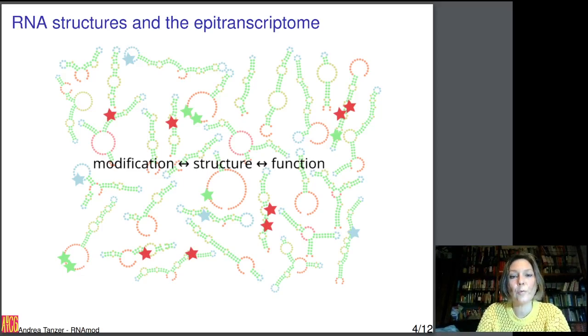And to do so, we study the genome in general and selected genes.